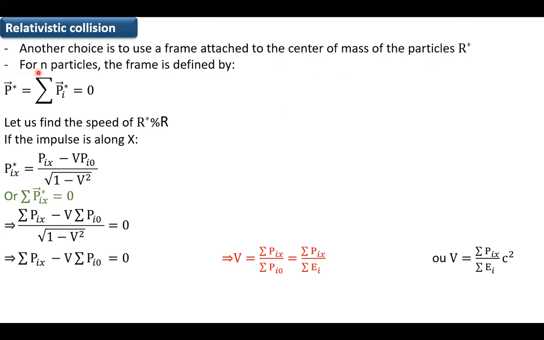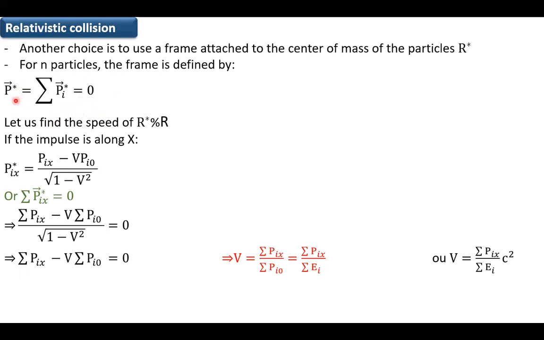For example, if you have n particles, the definition of R star, this frame attached to the center of mass, is that the sum of momentums is always equal to 0 in this frame R star. Of course, this is the 3-momentum, the 3D momentum.